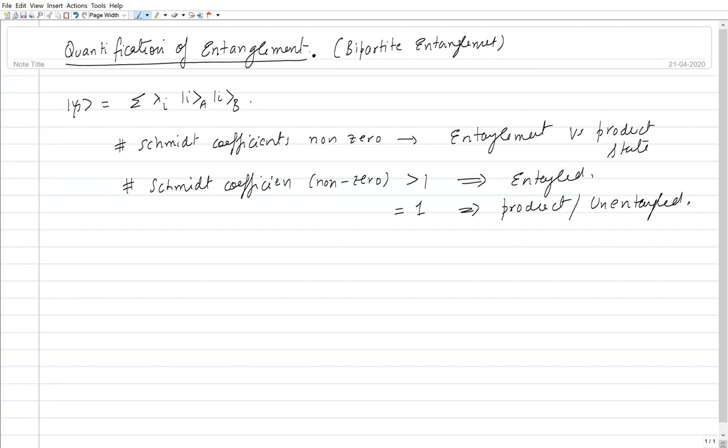But the number of Schmidt coefficients that are non-zero answers a yes/no question about entanglement.